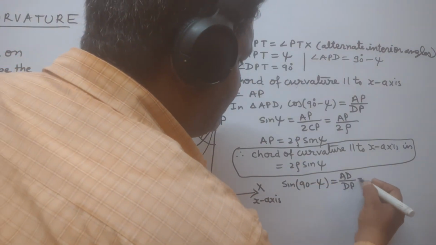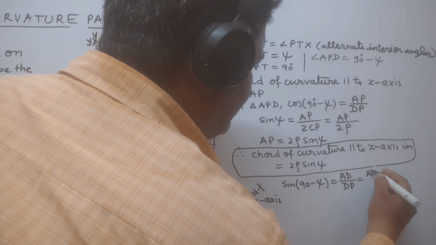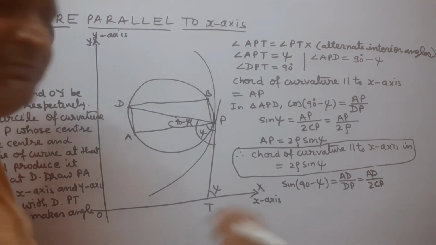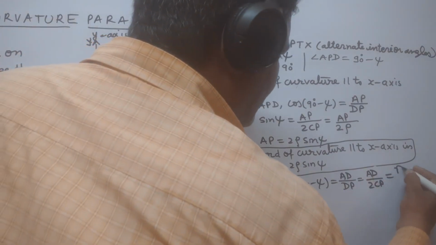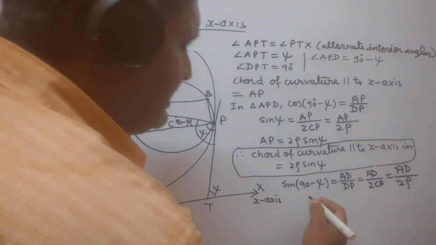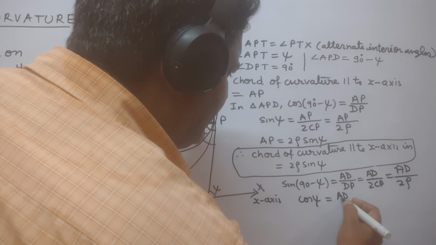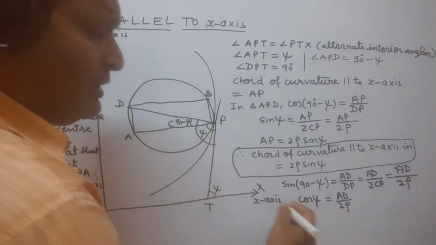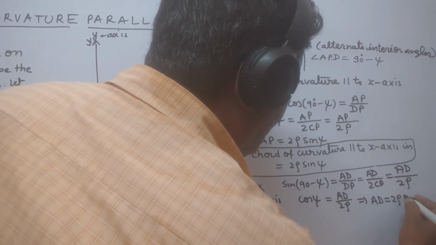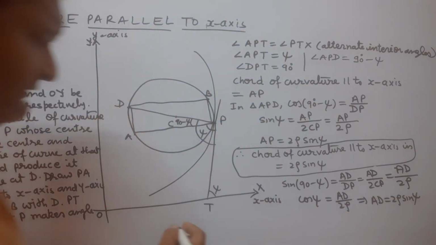And we know that DP is twice of CP, and CP is the radius of curvature. So this can be written as AD upon 2 rho, and sin 90 minus psi can be written as cos psi, which is equal to AD upon 2 rho. So we can write AD is equal to 2 rho cos psi. So this is the chord of curvature.